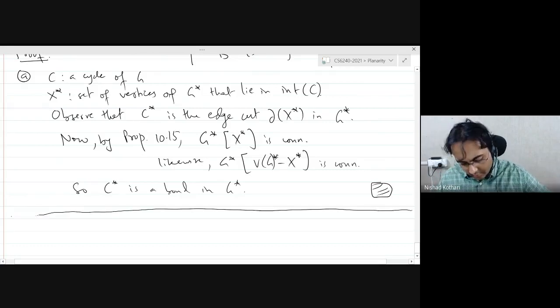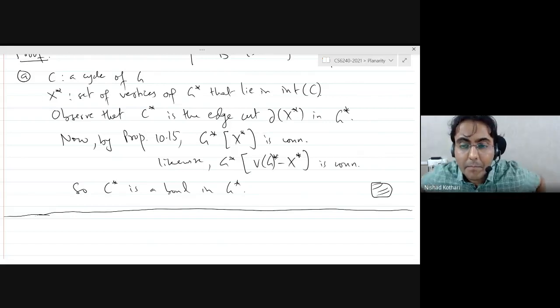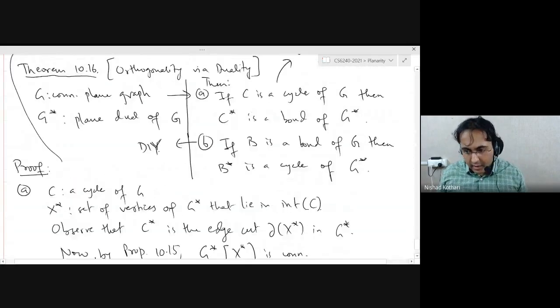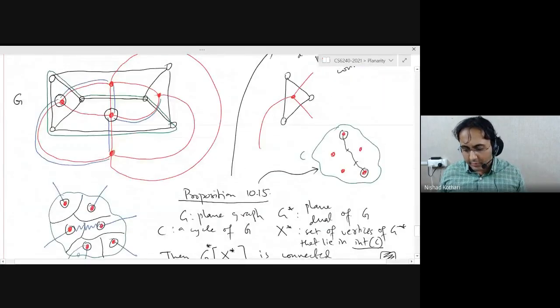Good. All right. So this is basically all I want to tell you for now about planar duality. On Thursday, we will quickly go through Euler's formula. I believe you have all probably seen Euler's formula in your previous courses, so I will not go into it in too much depth.